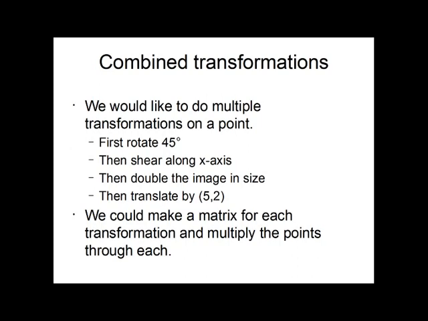Meaning that it's much cheaper for us to do the matrix multiplications or the combining of the transformations for the 10 or 20 transformations, and then taking those 100,000 points and multiplying each of them only once through the transformation.